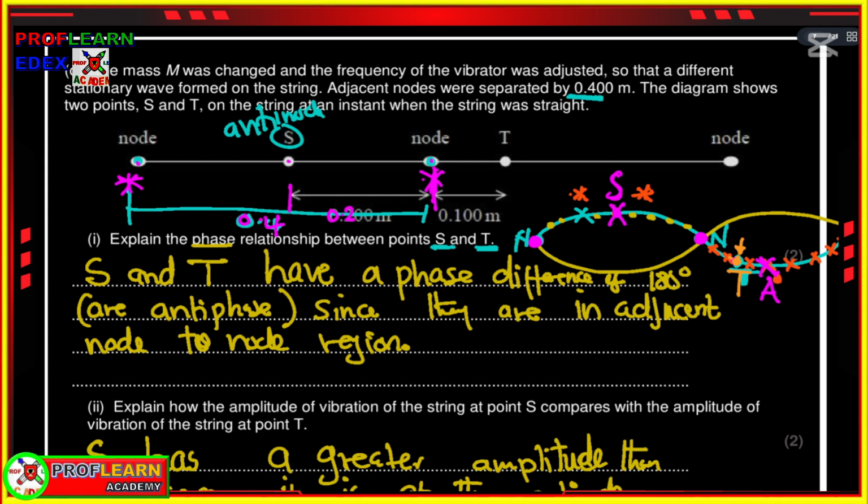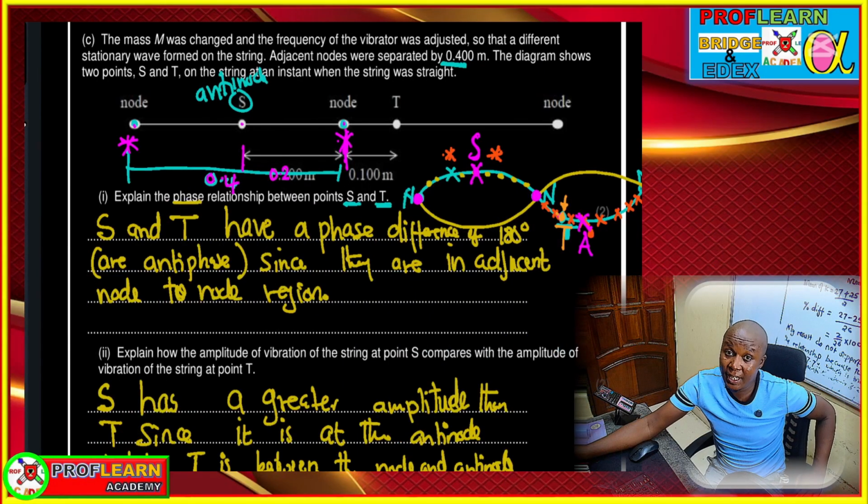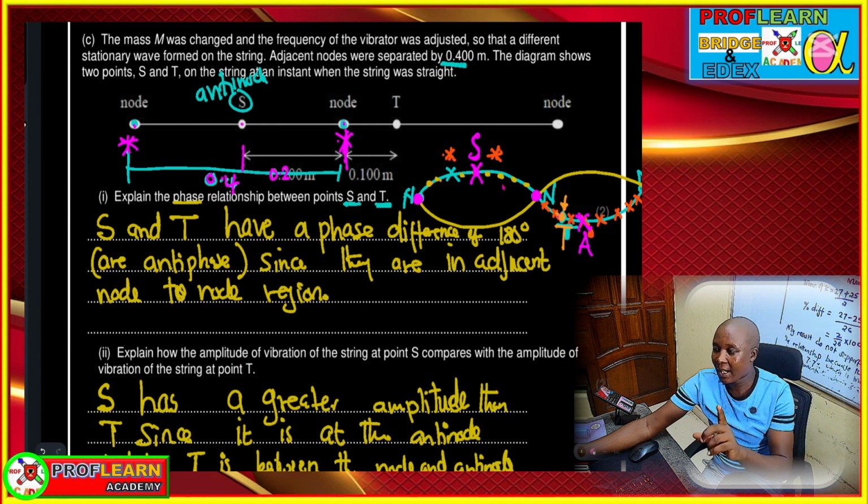So what I need to mention is that anytime you are having a stationary wave, any point between two nodes, any point we will have here, or this point that we are having here, they are moving in the same direction.